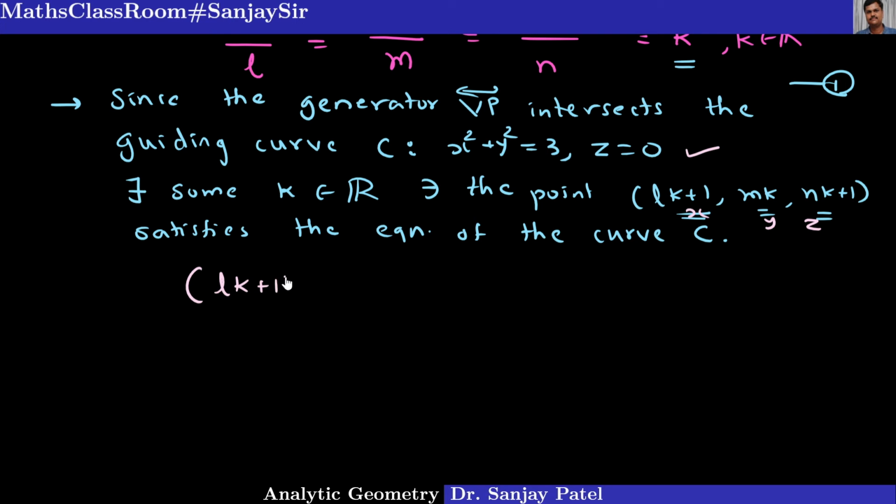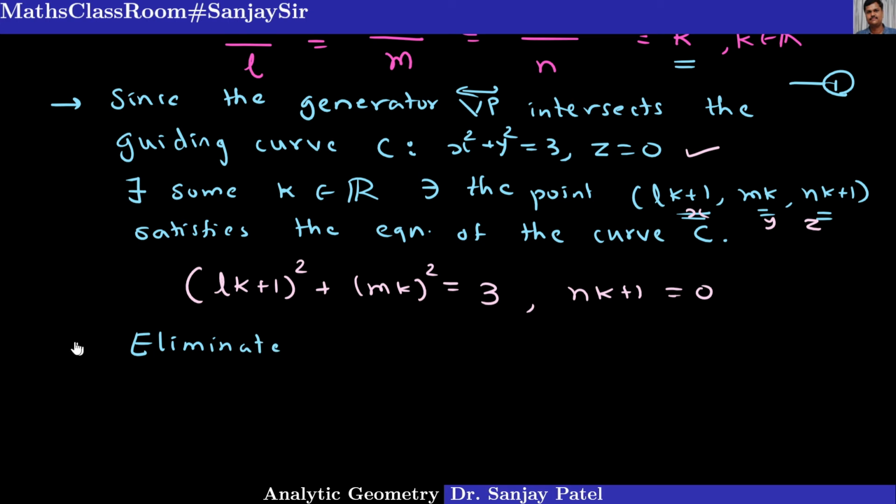So we'll get (lk plus 1) whole square plus (mk) square is equal to 3 by putting x and y these values, and z equal to 0 gives you nk plus 1 equal to 0. Okay, so we get this, and from these equations what we do is we eliminate this fixed constant k. So remember this procedure, eliminate k from the above equations.